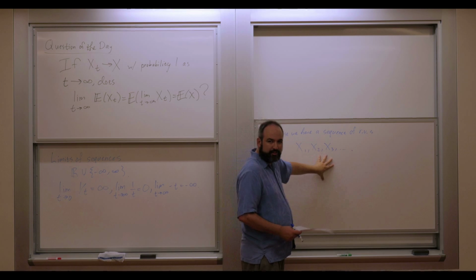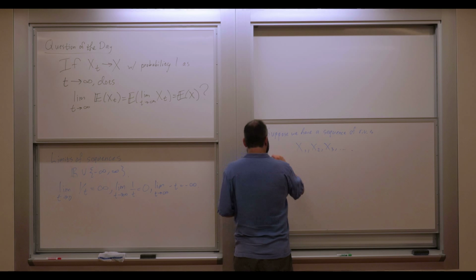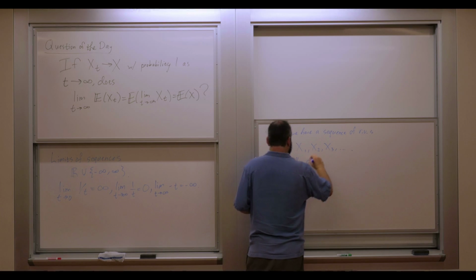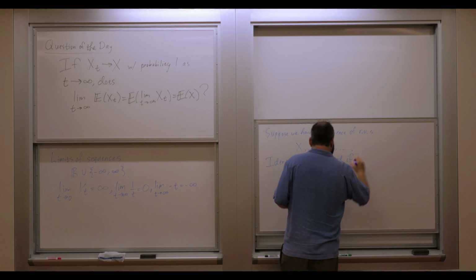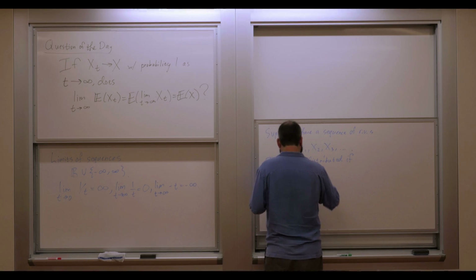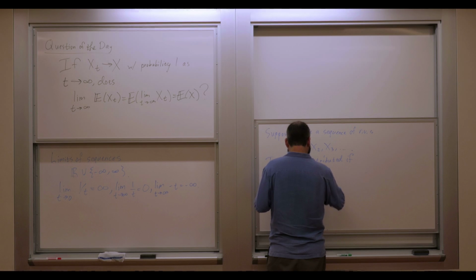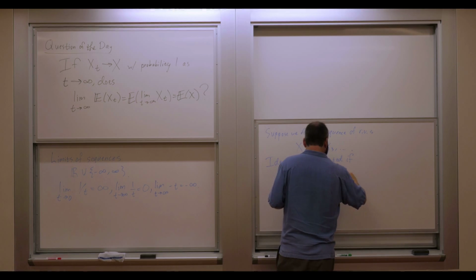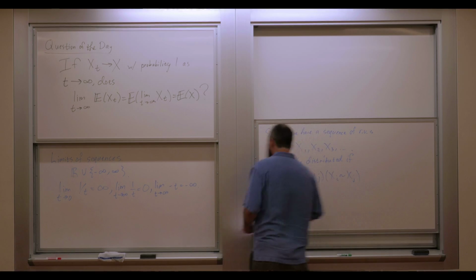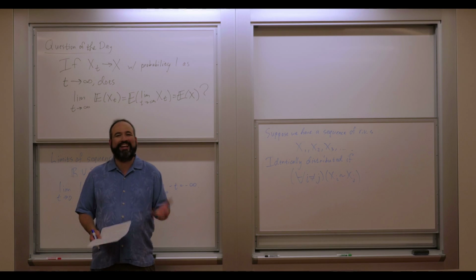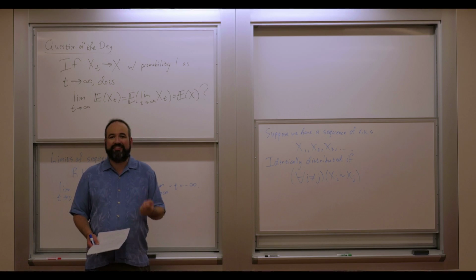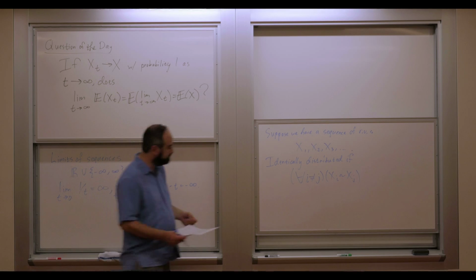We say that this sequence is identically distributed if, for all i not equal to j, x of i has the same distribution as x of j. So if all the variables in that sequence have the same distribution, we call the sequence identically distributed.